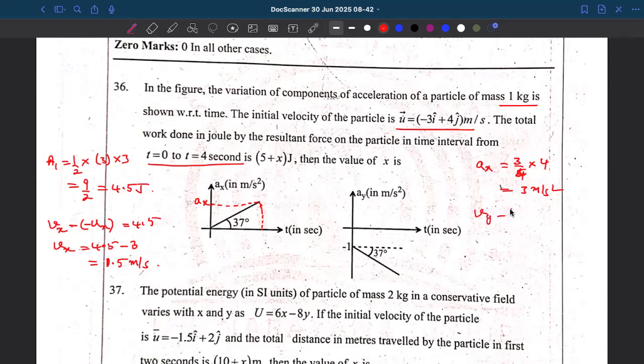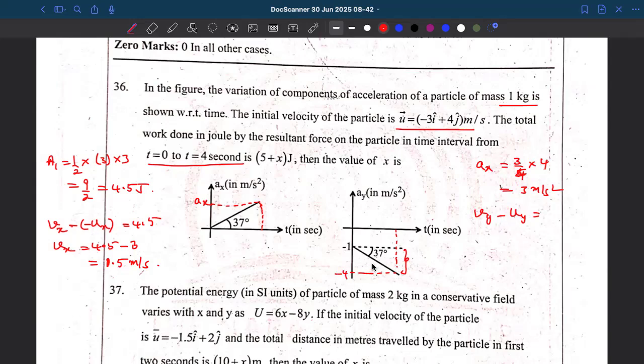Vy minus Uy is the change in velocity. What is that part? The area under this. It is the same 3, but it should be written as minus 3.